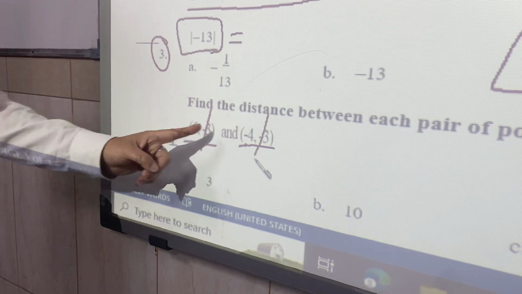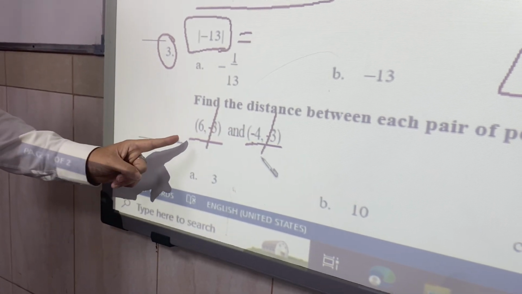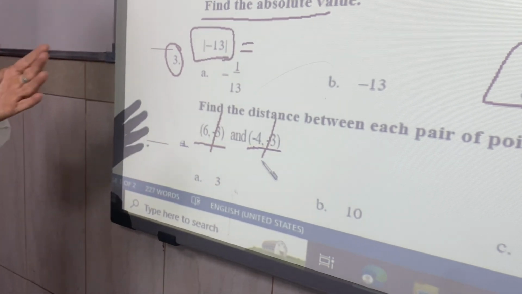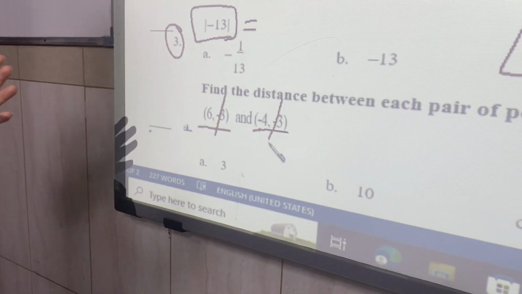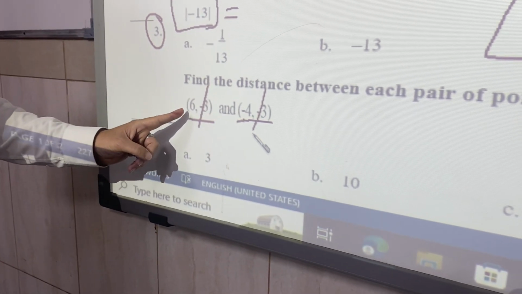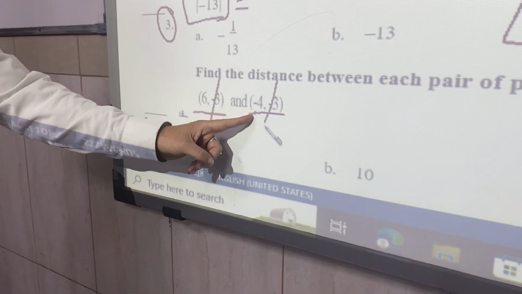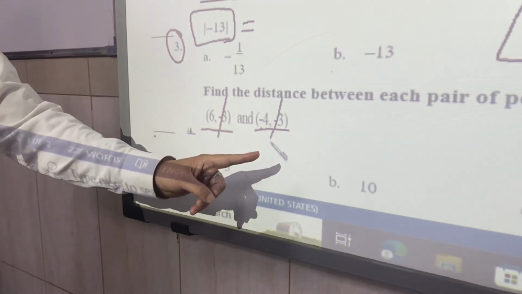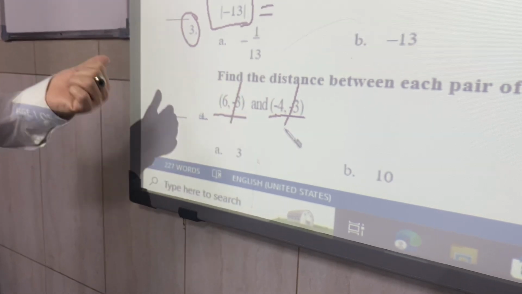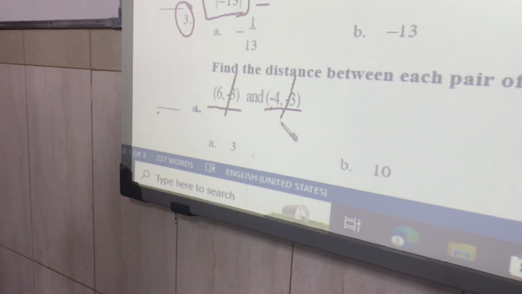They are different, yes? If they have the same sign, if they are both negatives or both positives, I subtract their absolute values. If they are different signs, like this case, this 6 and this negative 4, I will add their absolute values. I will not add the values themselves.